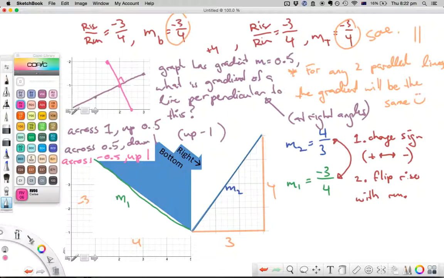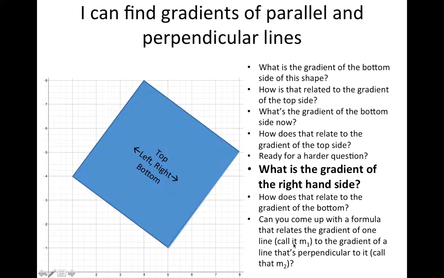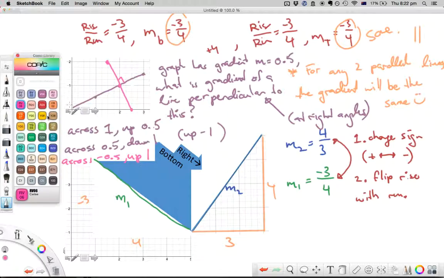Great. So the final question we had here was, can you come up with a formula that relates the gradient of one line, call it M1, to the gradient of a line that's perpendicular to it? Call it M subscript 2. Well, let's finish off in black.